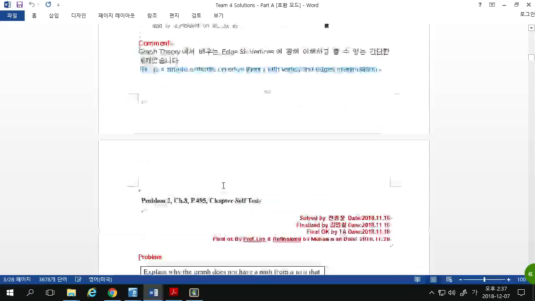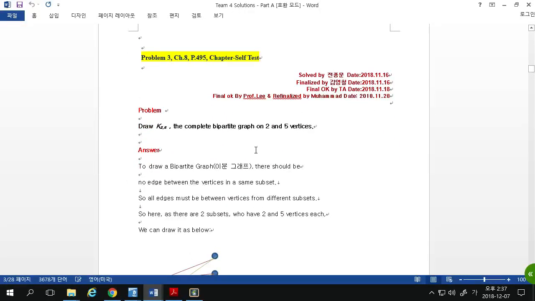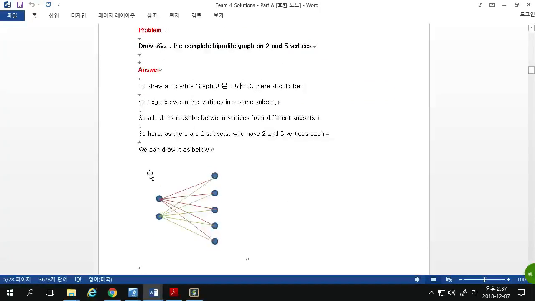Yep. For question number 3, this question is very simple. We have to draw a bipartite graph. A bipartite graph is a graph that has two different sets, and the most important thing about it is that each set doesn't have any edges between its own vertices. So if we have this set, let's suppose this is set 1, and this is set 2.